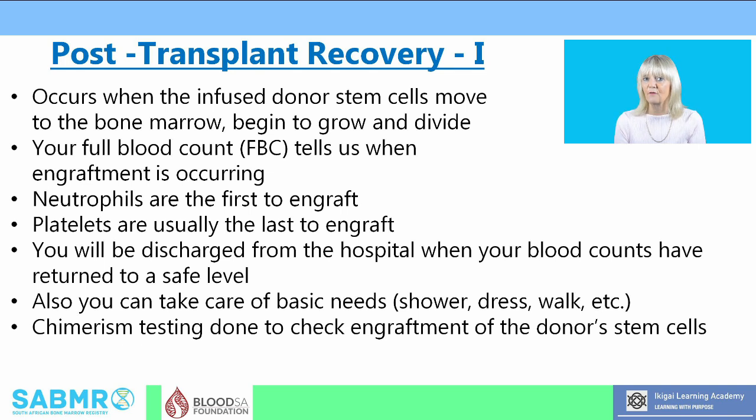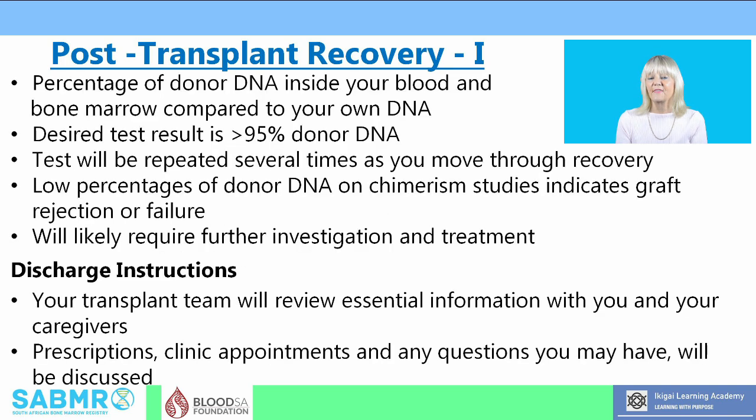Chimerism testing of your blood is done to check engraftment of the donor stem cells. This tells us the percentage of donor DNA inside your blood and bone marrow compared to the percentage of your own DNA. The desired test result is more than 95% of the donor DNA.